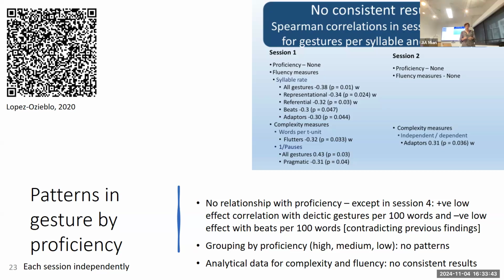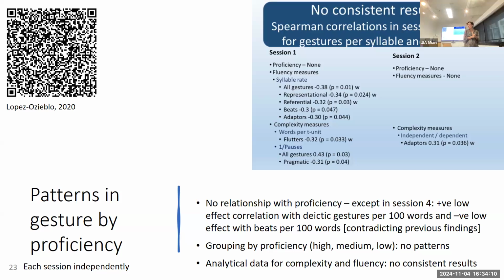We went then to session 2, treated all the data independently, found again no relationship with proficiency, and none of the previous analytical measures were a match either. We found a couple of different ones, but no consistency. Again, with data from session 3, session 4, session 5, no, we can't find a correlation.